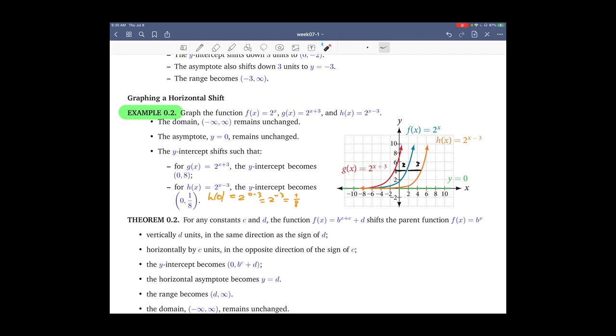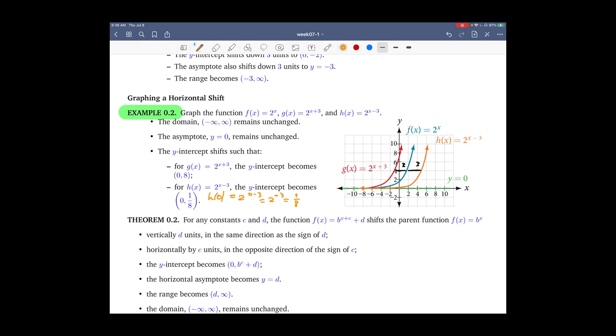Unlike vertical shifts, horizontal shifts don't change the horizontal asymptote at 0. All three functions have the x-axis, y equals 0, as their horizontal asymptote. And the y-intercept for the red curve, 2 to the power x plus 3, is 0, 8.